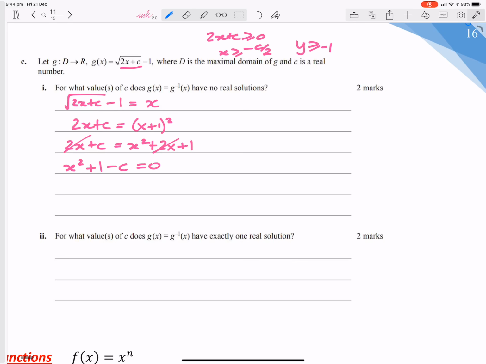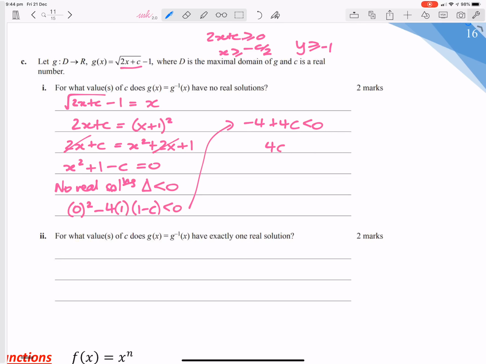Now if we want no real solutions, we know that our discriminant has to be less than 0. So b squared, 0 squared, minus 4 times a, which is 1, times c, which is 1 minus c, has to be less than 0. We get negative 4 plus 4c has to be less than 0.